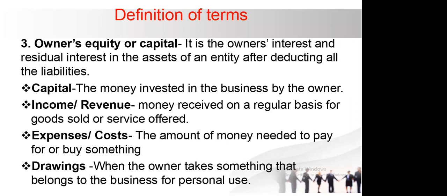Drawings is the opposite of capital. Capital, I have said, is the money that the owner invests in the business. Drawings occurs when the owner takes out money from the business before the period that I said he should take it has arrived. So suppose he's supposed to take money out at the end of the year, on the 31st of December, and the owner decides, no, I need money now, and today is the 12th of February, and he goes on to take a certain amount.